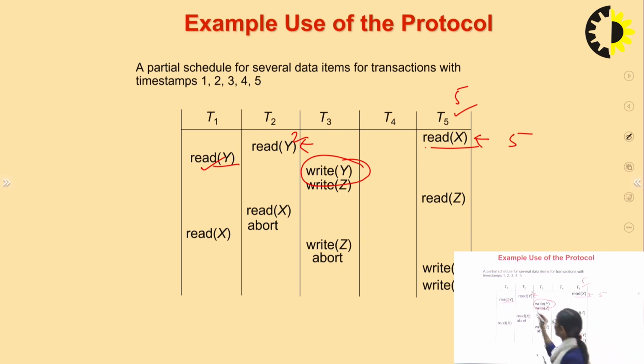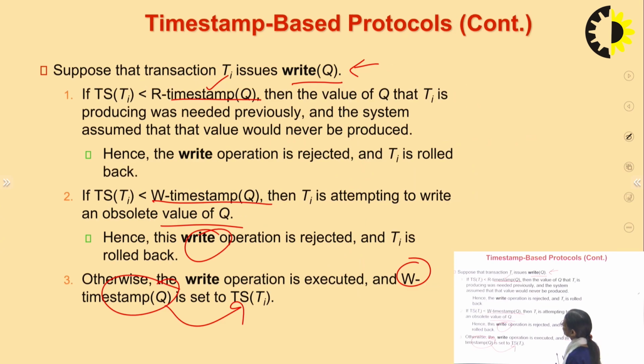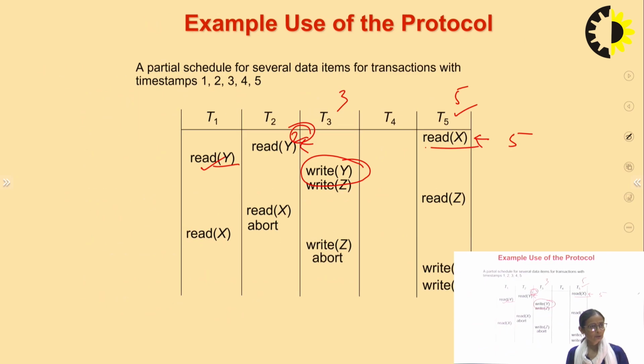This is 1, this is 2, so we keep the maximum value, which is 2. And here we have 3. So TS of Ti is less than R? 3 is greater than 2, so this rule does not apply. The write operation is permitted.